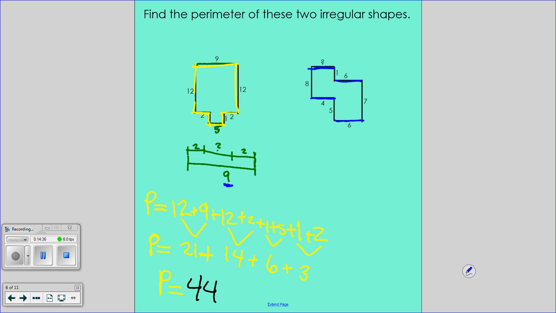No. However, if I start to pull my sides down and line them up, like my 4, and then my 6, I have a 4 and a 6, which makes my whole what? Okay, and then above that, I have a question mark and a 6.